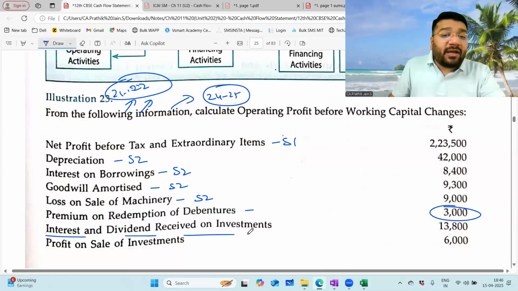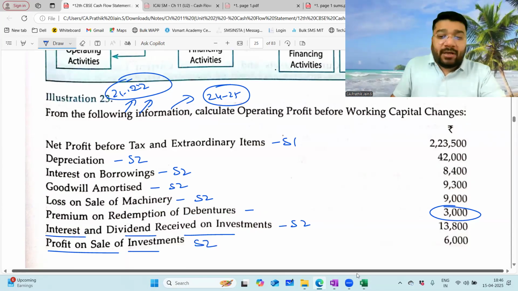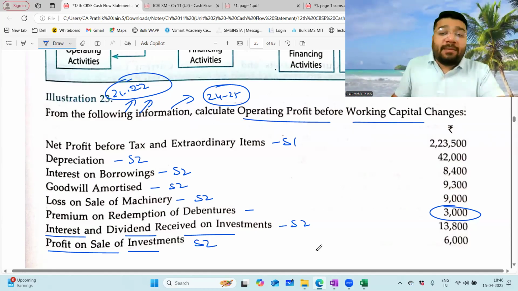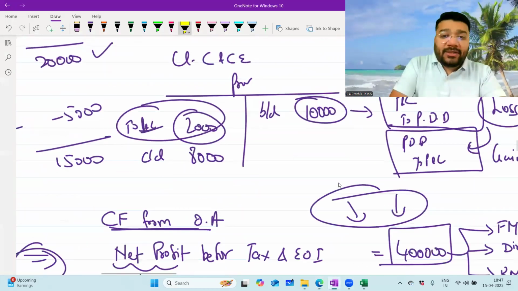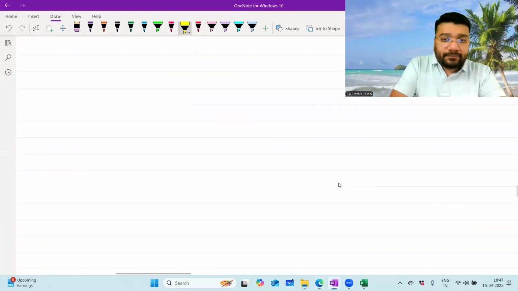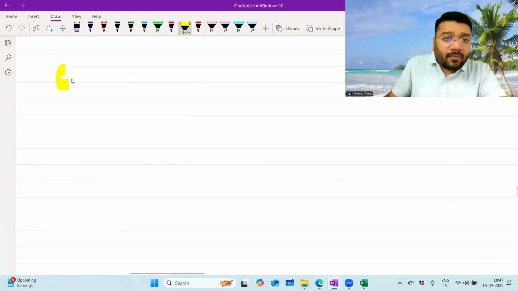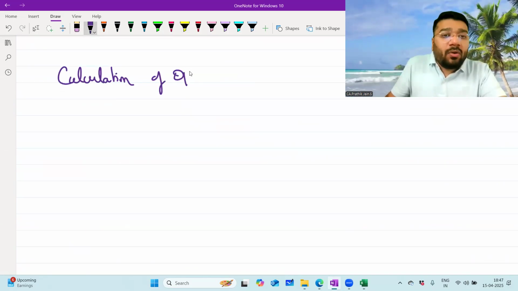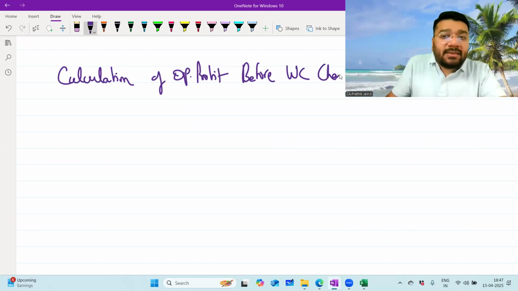Now, interest on dividend received or investment, segment 2. Profit on sale of investment, segment 2. Now, what are they wanting us to do? Calculation of operating profit before working capital changes.